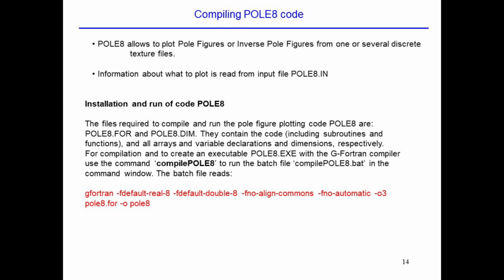But essentially, you tell it to use gfortran to compile Pol8.f and create an executable that is called Pol8. So after you compile, you will have an executable called Pol8.